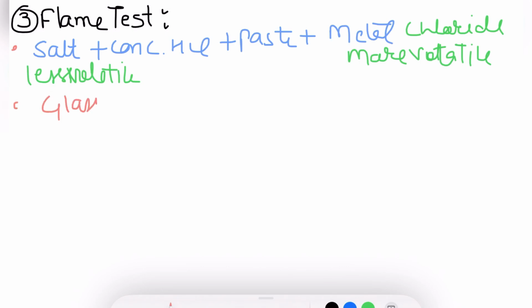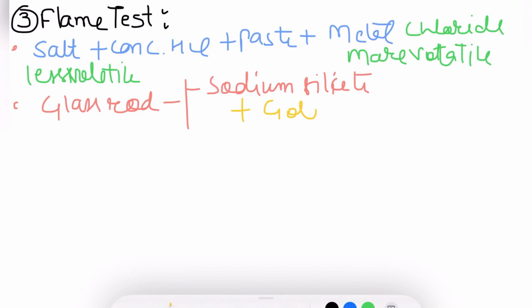A glass rod is not used here because a glass rod has sodium silicate, and it imparts a golden yellow color to the flame because of sodium. Golden yellow color. Next step. In place of a glass rod, we use a platinum wire here.